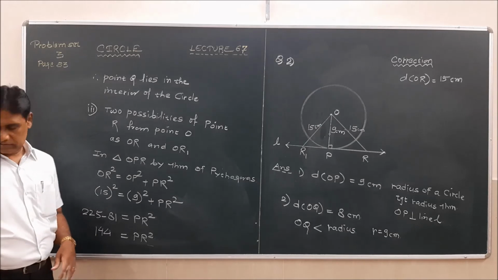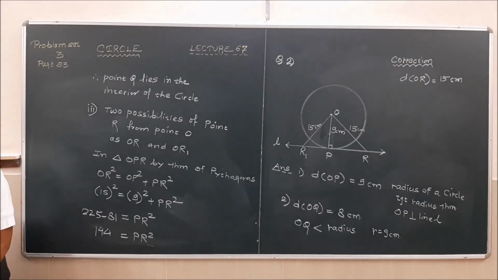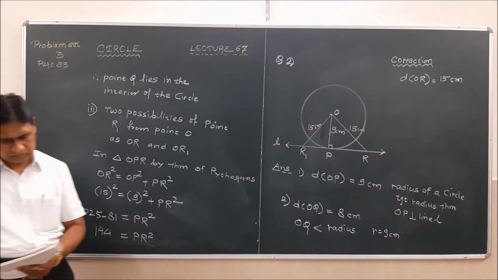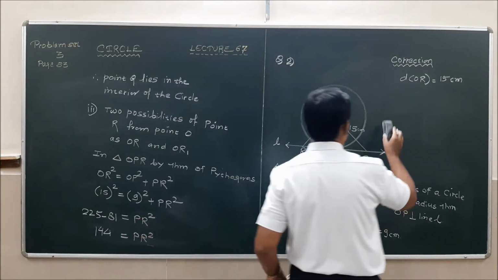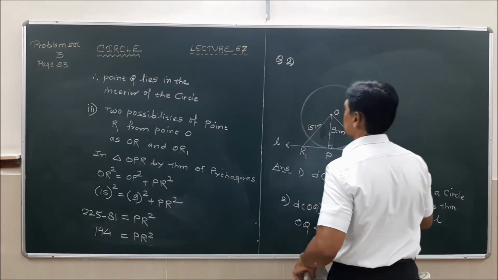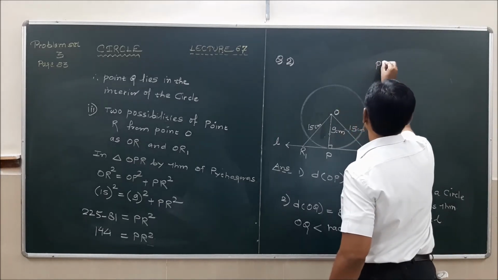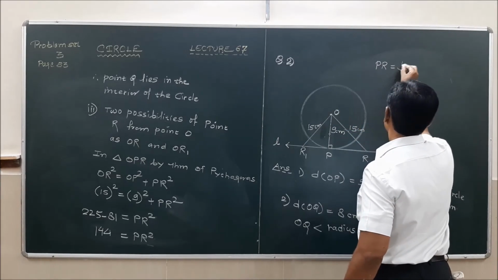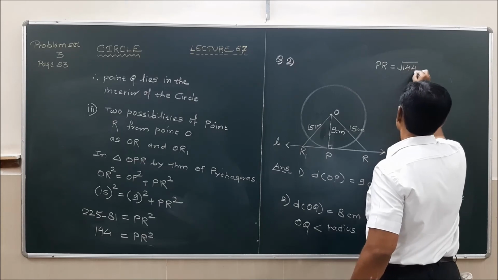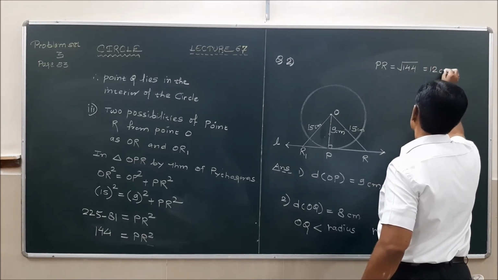Correction: OR is equal to 15. So PR is equal to root 144, that is 12 centimeter.